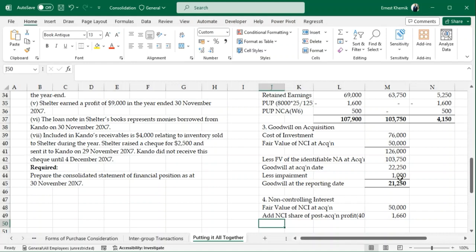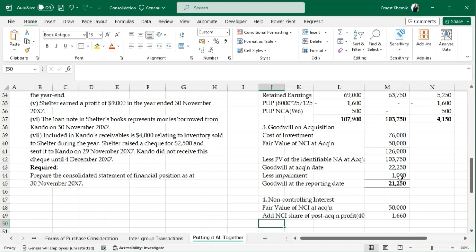And since we are measuring the NCI at its fair value method, we are going to apportion, as I said in my previous video, the impairments between NCI and the group retained earnings.